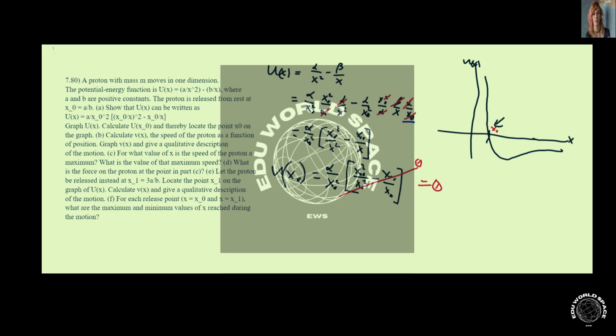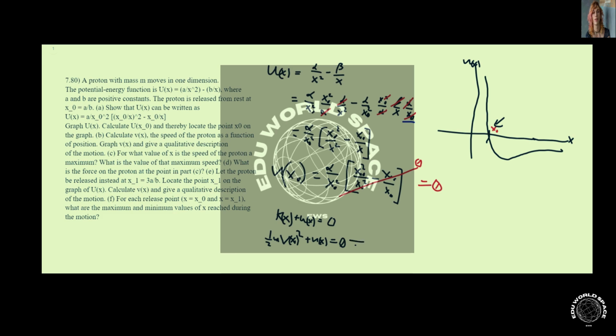So what I'm going to initially do is write down our conservation of energy formula. We have kx, that's the kinetic energy, plus u of x. And at this point here, we've determined that since it's released from rest and the potential energy is 0 there, that's where the intercept is, that's equal to 0. We can substitute in what k of x is equal to in terms of v of x: 1/2 m v of x squared plus u of x is equal to 0.